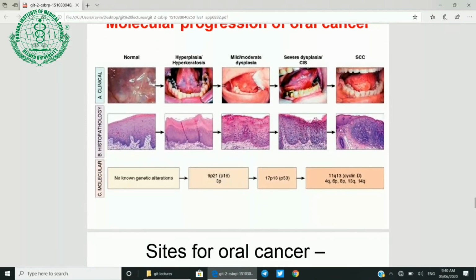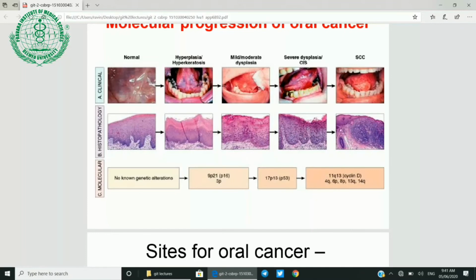When we talk of HPV or genetic problems regarding the molecular progression, as with other cancers, this has a whole range. It goes through normal mucosa being irritated by some irritant, converting itself into hyperplasia or hyperkeratosis.